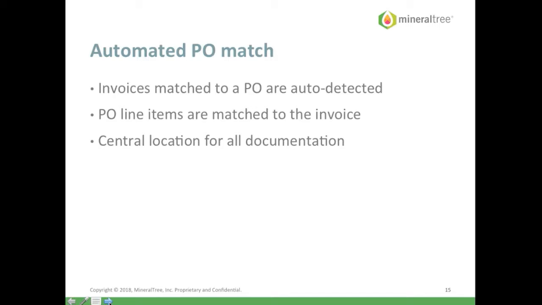So when an invoice comes in and there's a PO reference on the invoice, your system is looking to see where the PO is, and it's dragging the PO in so you can look at it right against your invoice. The line items are then matched to the PO, and you have a very central location to look at how they're lining up, if they match, and just approve each of the sections to make sure your PO and invoice match before you're kicking that out to your approvers.